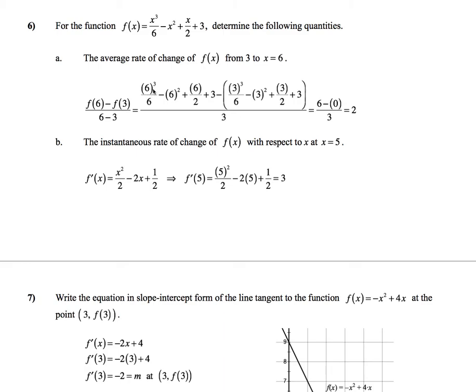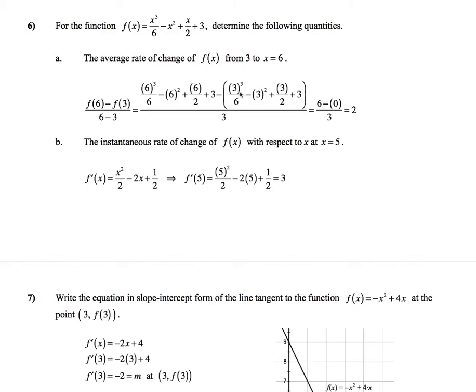But we're subtracting 6 squared, so those terms cancel out, and what we have left is 6 halves plus 3. Well, 6 over 2 is 3, so we have 3 plus 3. The value of the function at 6 is just 6.